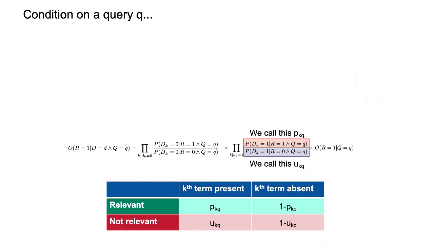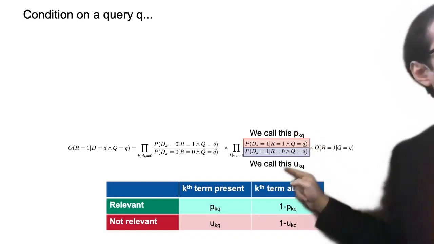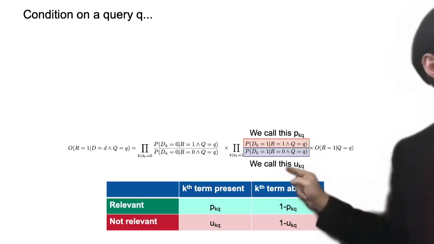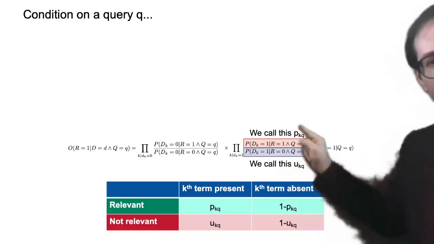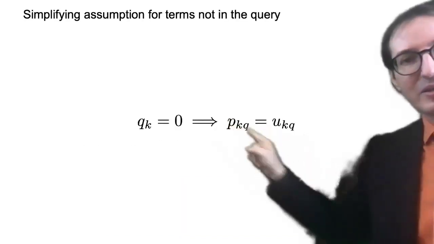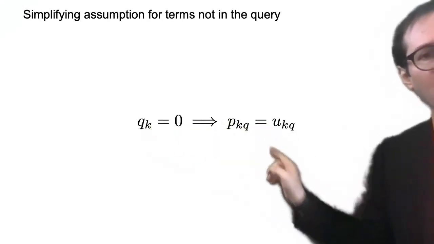So if we do that, we assume that these are the same. What's going to happen is that you divide something by the same thing. What do you get? 4 divided by 4 is 1, right? So this is always 1. So since you made the simplifying assumption that for the terms not in the query, this is the same, you're going to get a 1.